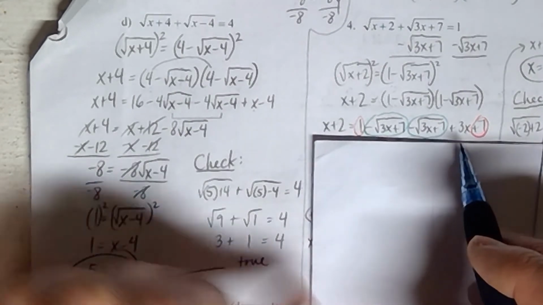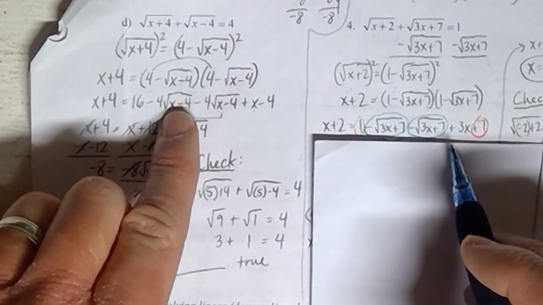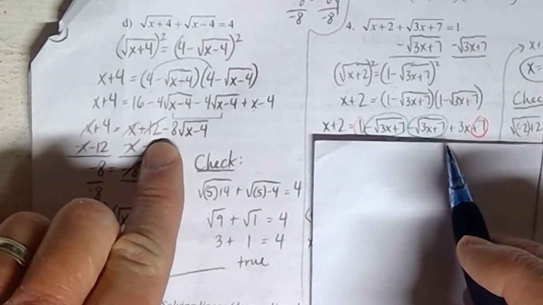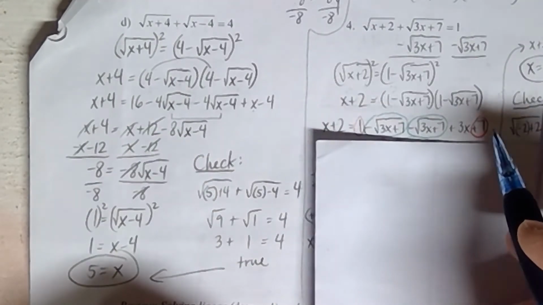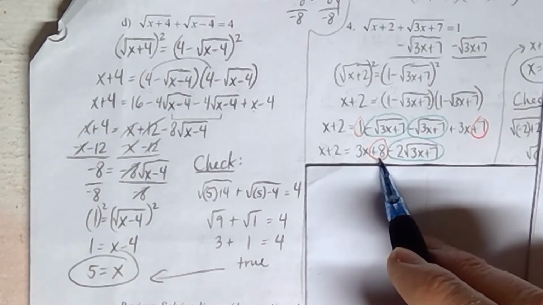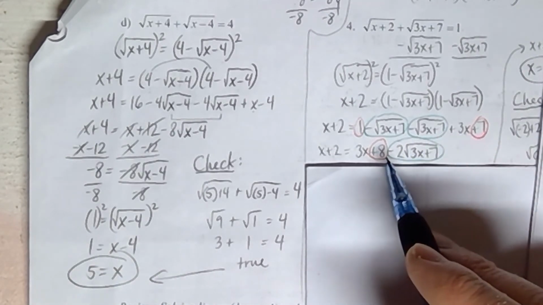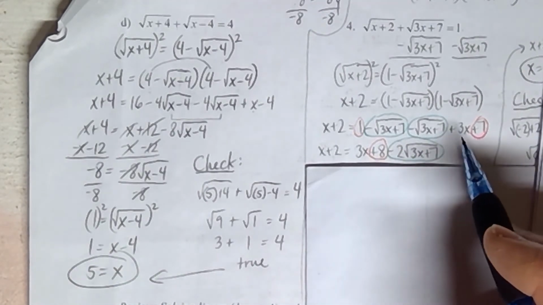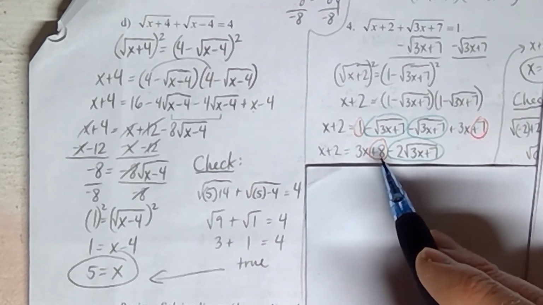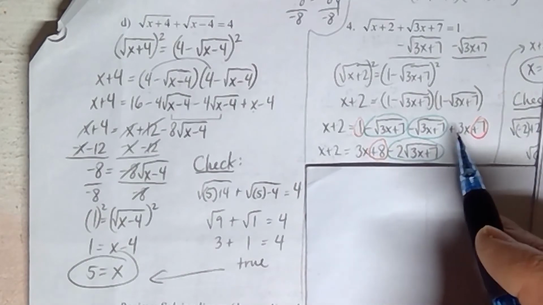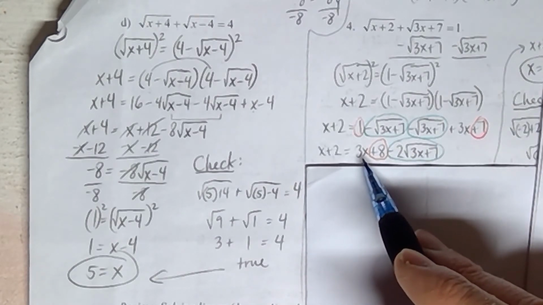I then combine like terms just like I did here, going from this step down to this step. So I can combine the 1 and the 7. That gives me the 8 right there. The 3x, and you can put the 3x behind the 8, that's fine. You could say 8 plus 3x, but I just put it in front, but it doesn't matter. But 3x didn't combine with anything, so it just comes on down.